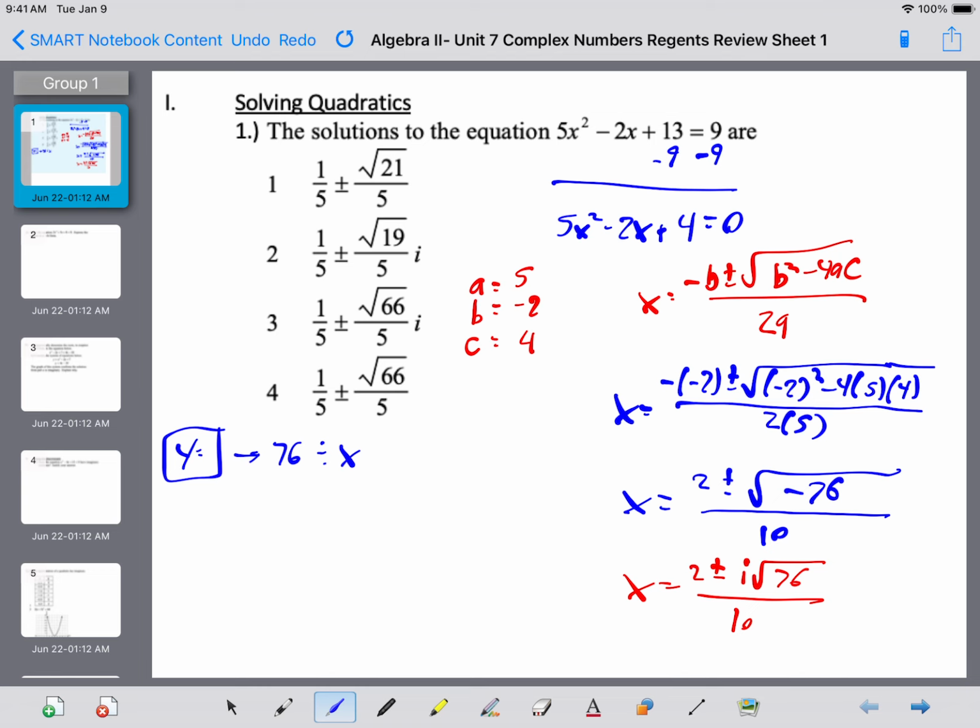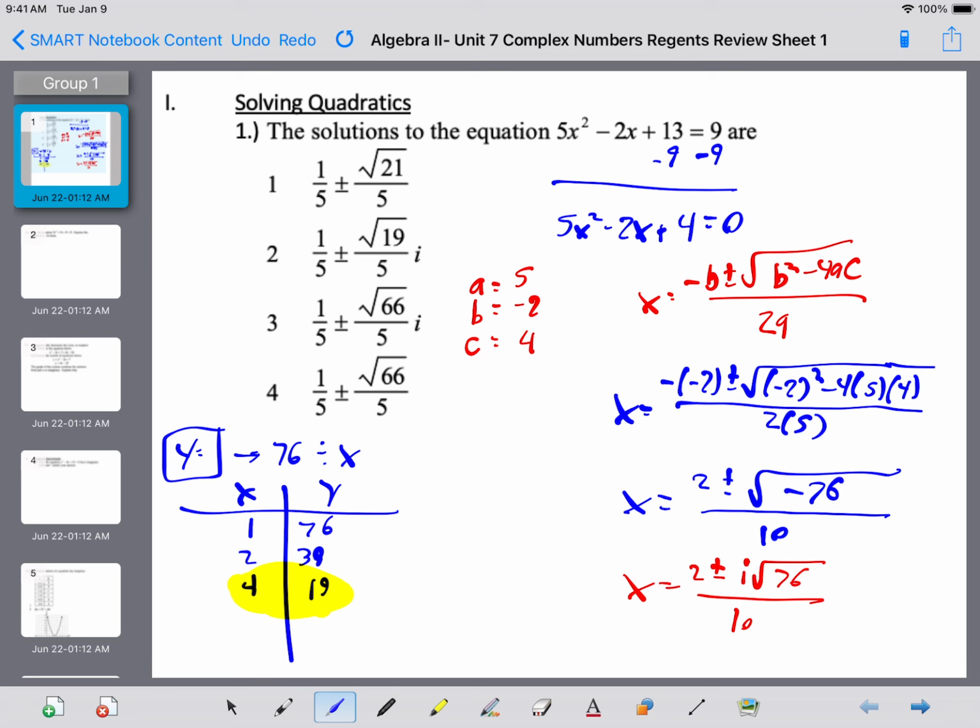And I want to see all the factors, the ones that are whole numbers. Okay, so those are all your factors of 76. Which one contains a perfect square? Look at that, it's 4.